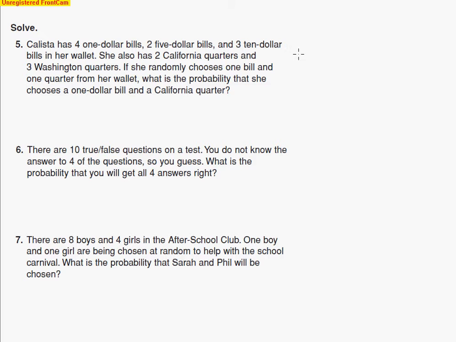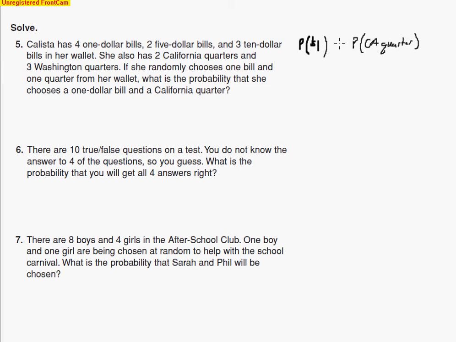And so let's start by writing a probability for the $1 bill. So probability of selecting a $1 bill. And then let's take a look at the probability of selecting the California quarter. So there's our $1 bill. Probability of a California quarter is our next probability.